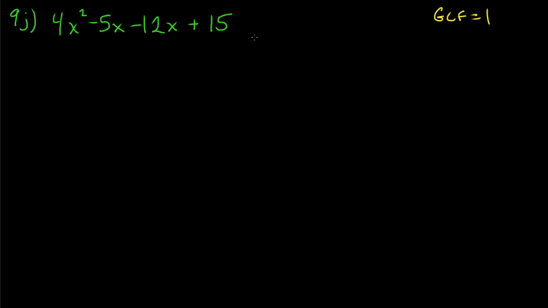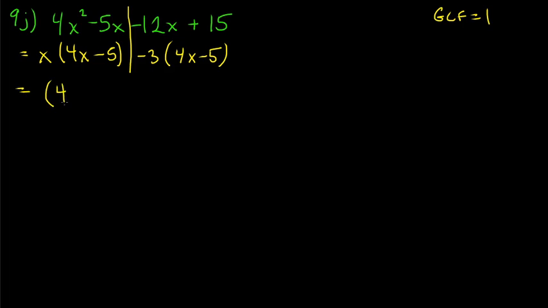And notice it's 4 terms, and so we can just factor by grouping again, right? So if we factor out an x, we get x times 4x minus 5. And from the last two terms, if we factor out a negative 3, we get 4x minus 5. So factor out the 4x minus 5 and multiply by x minus 3. And we're done.